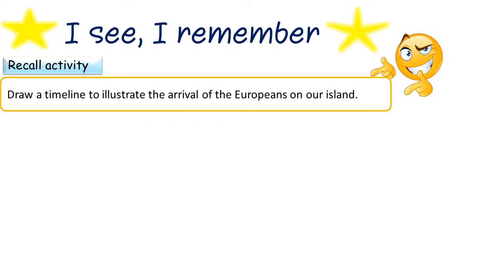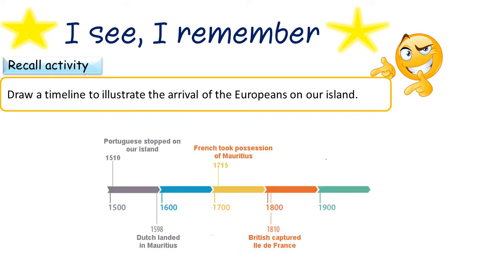Let's check your answers. In 1510, the Portuguese stopped on our island. In 1598, the Dutch landed in Mauritius. In 1715, the French took possession of Mauritius, and in 1810, the British captured Ile-de-France. Good job!